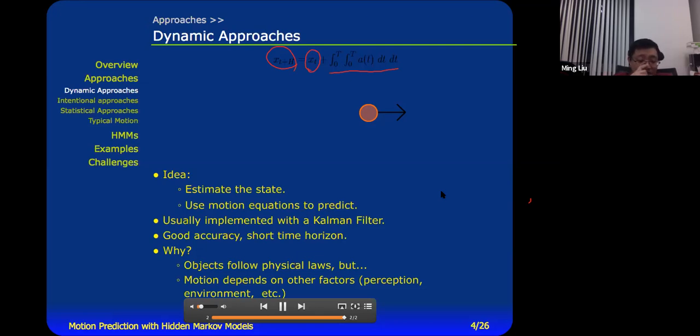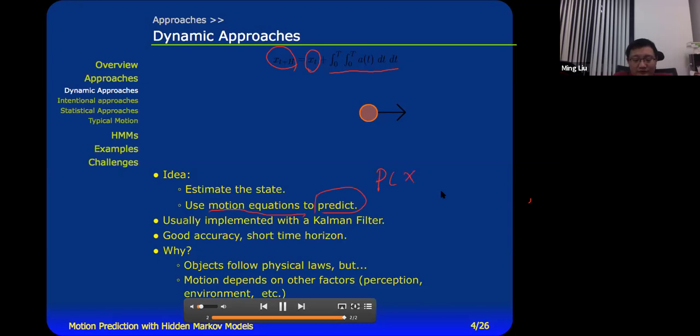Then the idea is you want to estimate the states using the motion equation for the prediction. What is the prediction in terms of the HMM model? This is a transition model.